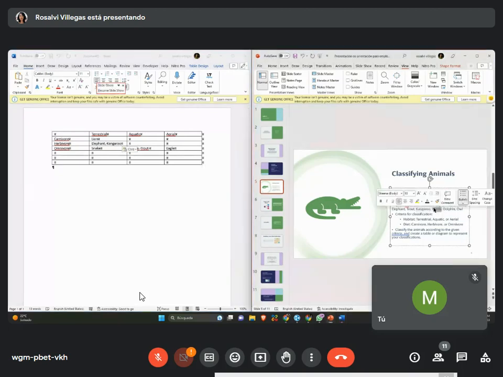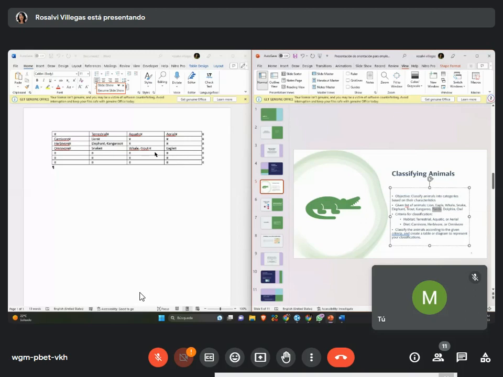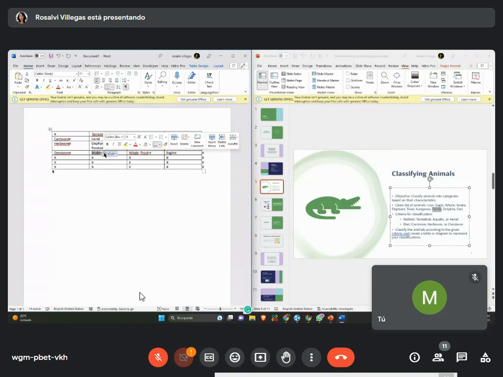The dolphin, what should it be? Elio, what do you think? Teacher, the snake is carnivore, it's not omnivore. Okay, let's put it here. And what about the dolphin?